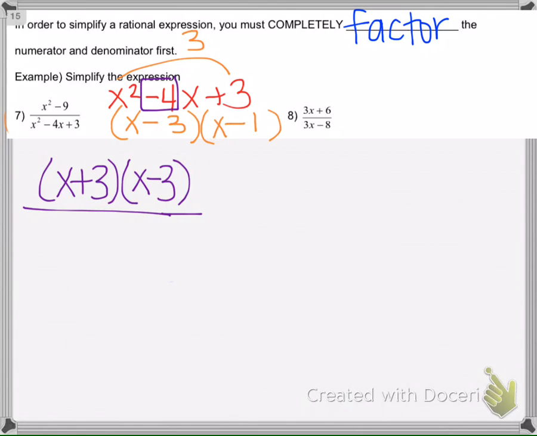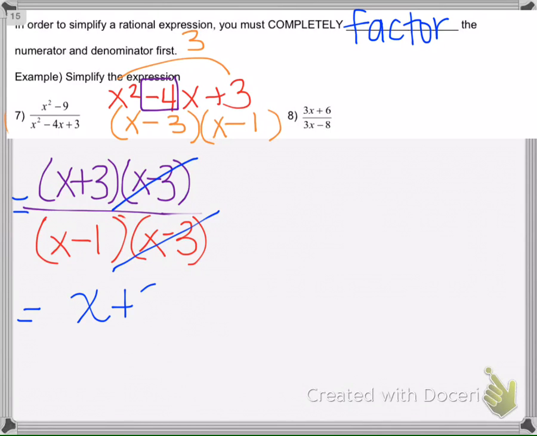So now we have factored. Okay, and now remember, because of the commutative property, we could also move this around, but it really doesn't matter. So we can cross out an x minus 3 with an x minus 3, and then we're left with x plus 3 over x minus 1.